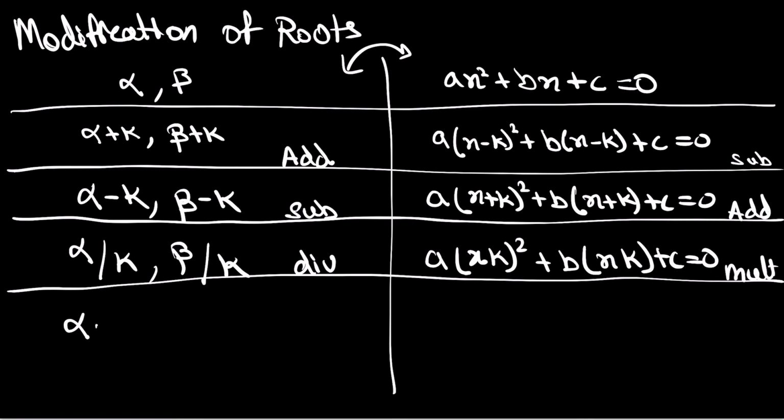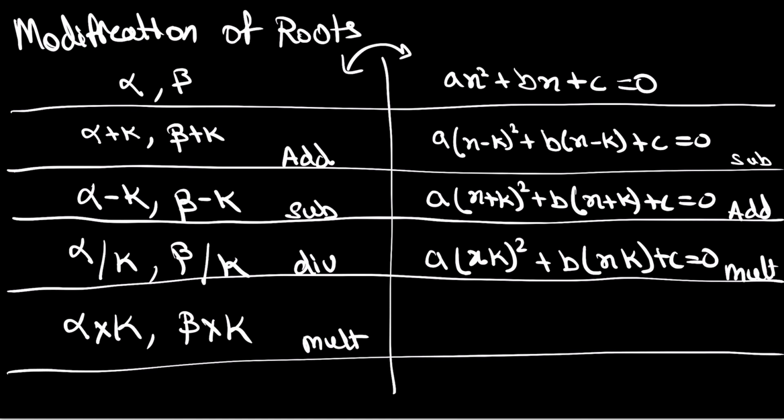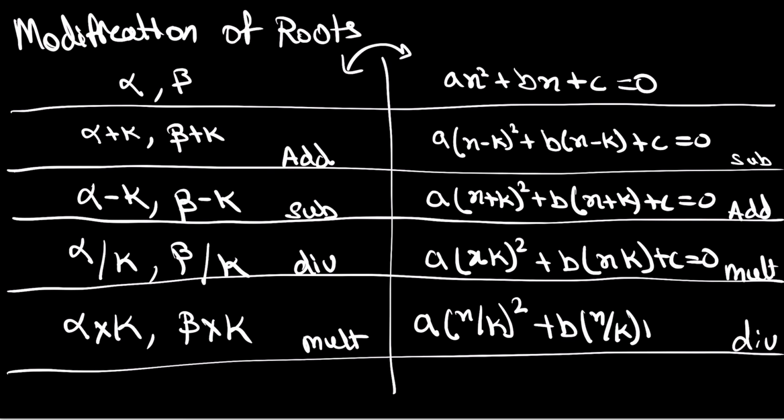If we multiply the roots, which is multiplication, it will divide on the equation side. If I want to figure out what the equation will look like, it's a into x by k whole square plus b into x by k plus c equal to 0.